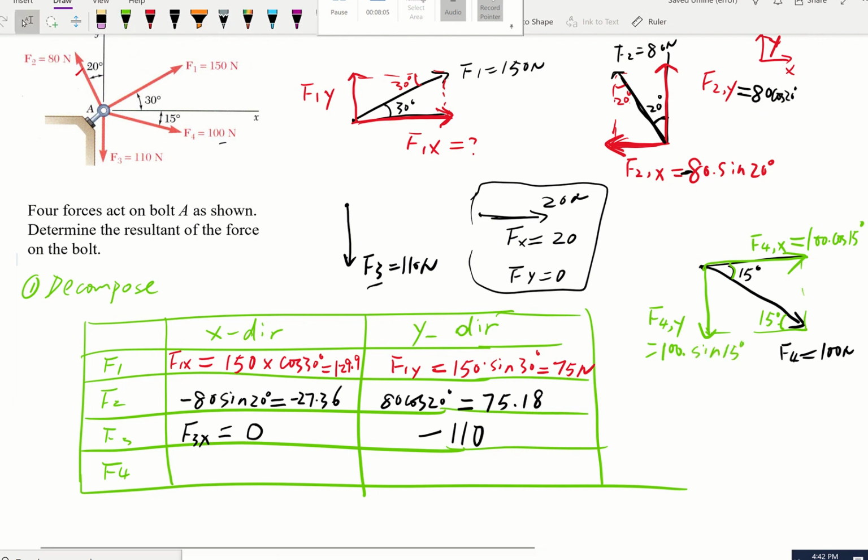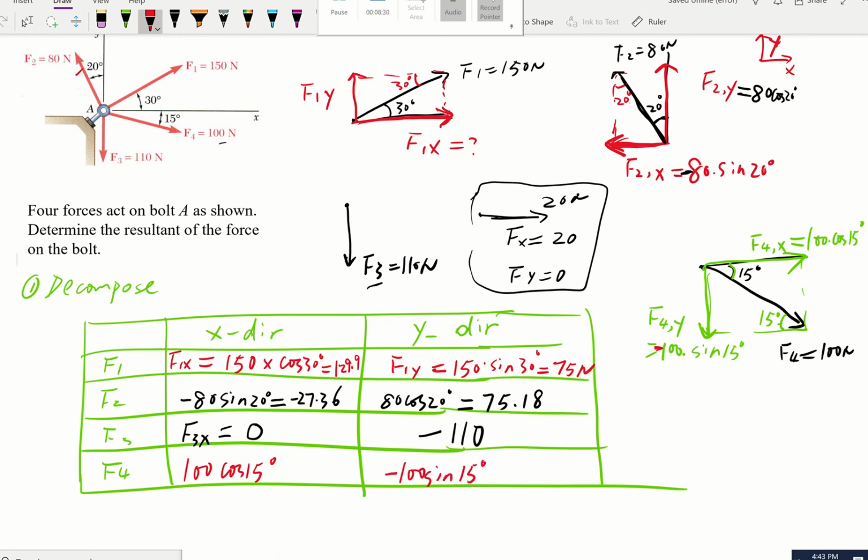However, pause for a second. Think about the sign. This is going downward, so F4y has to be what? Negative value, negative 100. So go ahead, put this value in there. F4x is 100 times cosine 15. And F4y is going to be negative since it's going downward, 100 times sine 15 degrees.